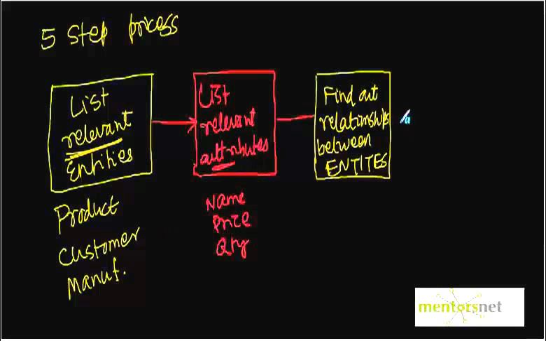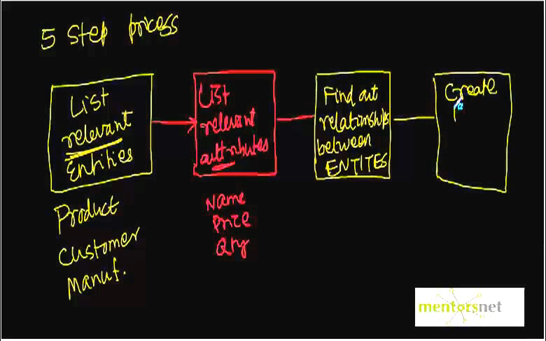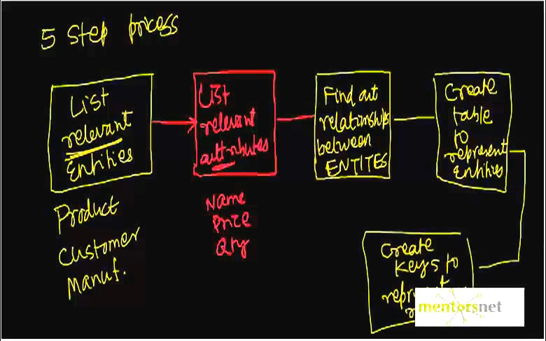Once you have done these 3 steps, the next step is to create tables to represent entities, and the last step is to create keys to represent the relations. Once you go through these 5 steps, you will arrive at how you are going to store your information inside a database.